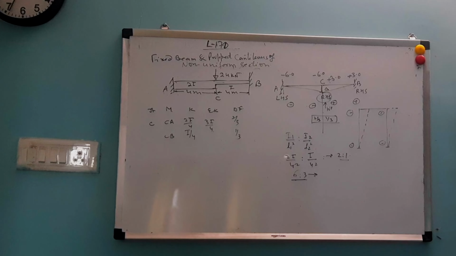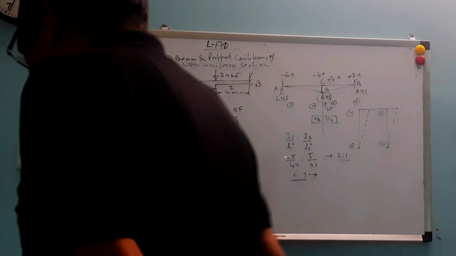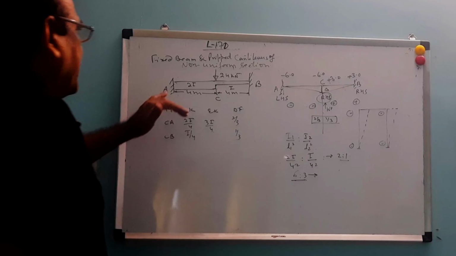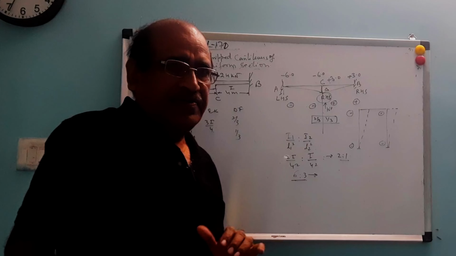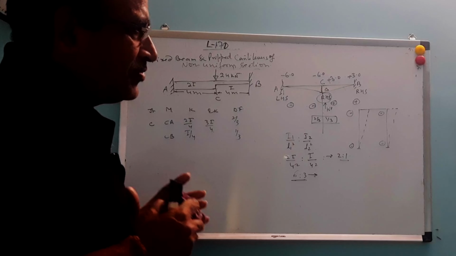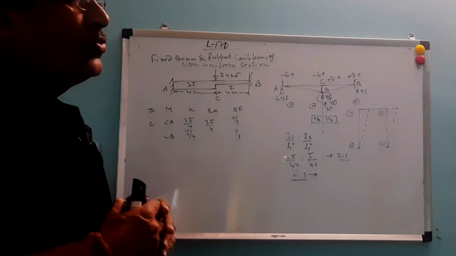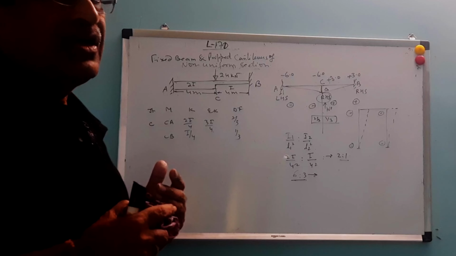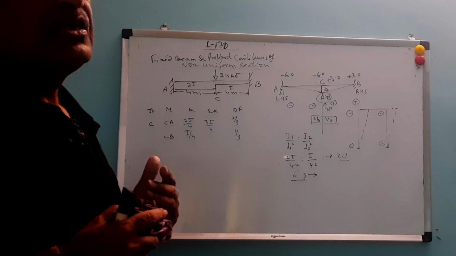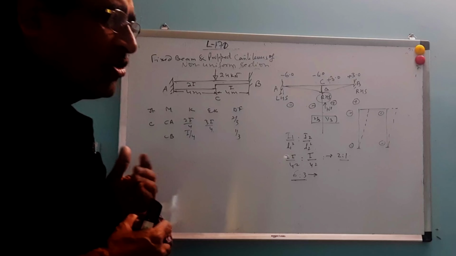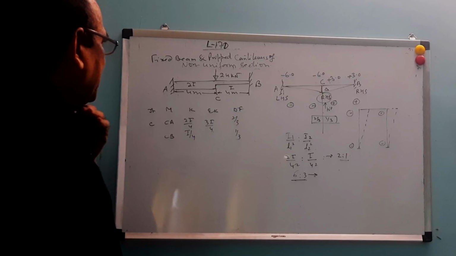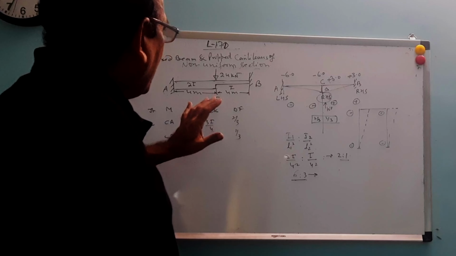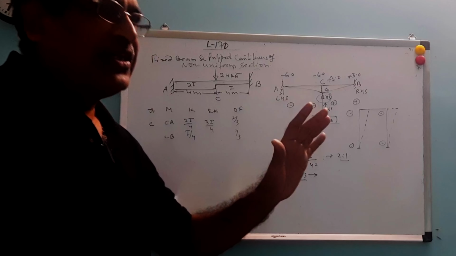So how will we approach finding the moment at A and at B? For this we have to go for some idea of how this can be evaluated and solved. First, in the portal frame we have studied the sway conditions.